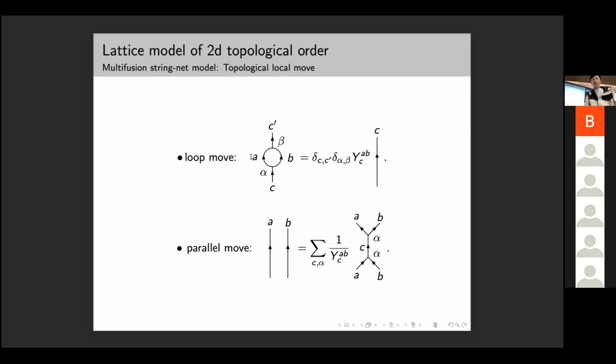But if they do not satisfy this relation, there is no such structure. So the main difference is that we need to introduce some grading structure for these local moves.